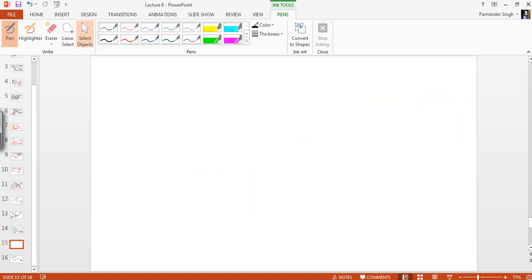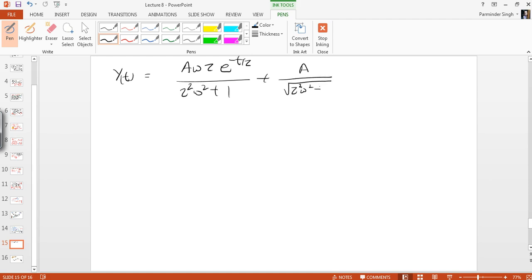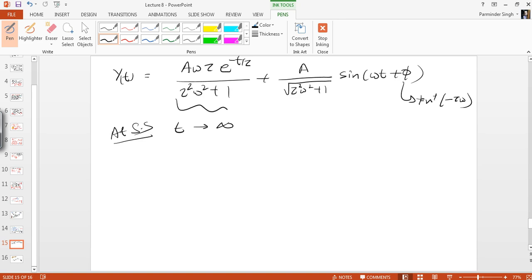So finally your yt can be written as a omega tau e minus t by tau upon tau square omega square plus 1 plus a under root of tau square omega square plus 1 into sine omega t plus phi, where phi is tan inverse tau omega. Clear?